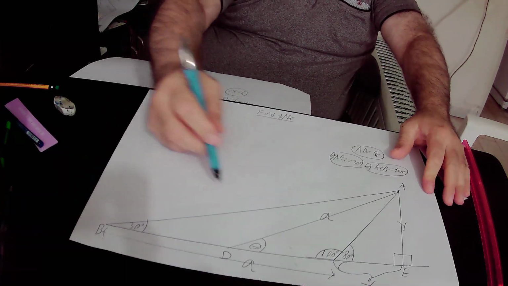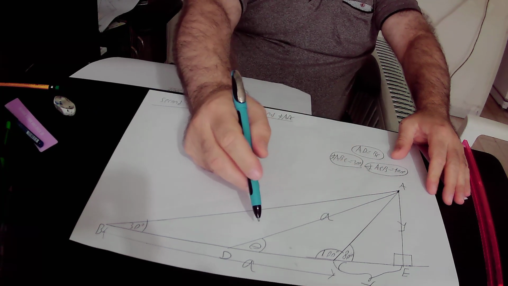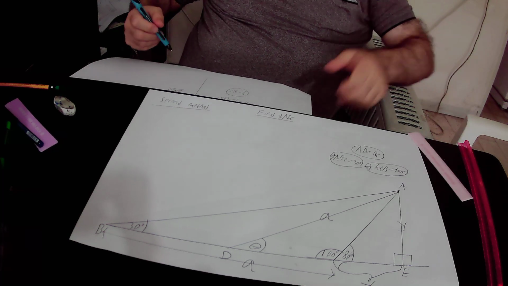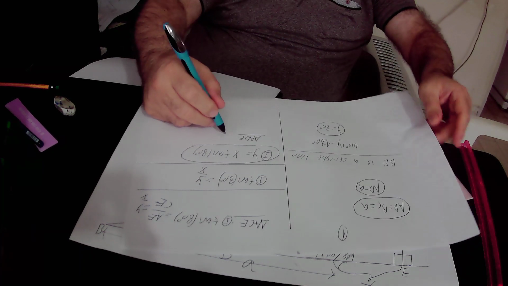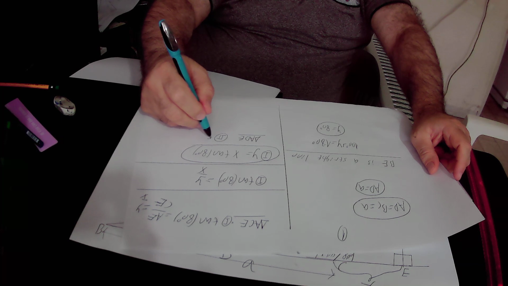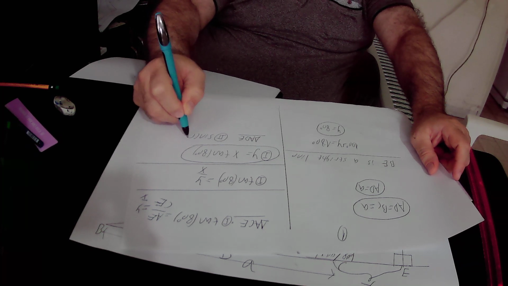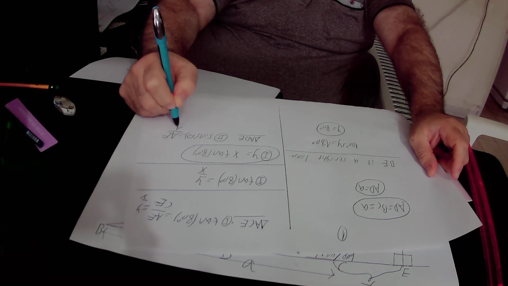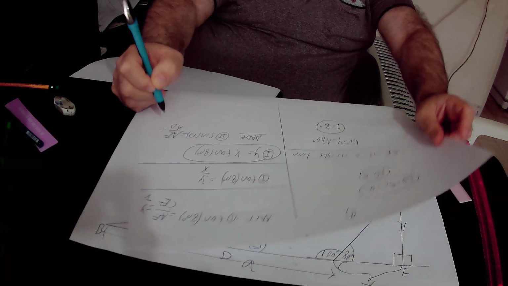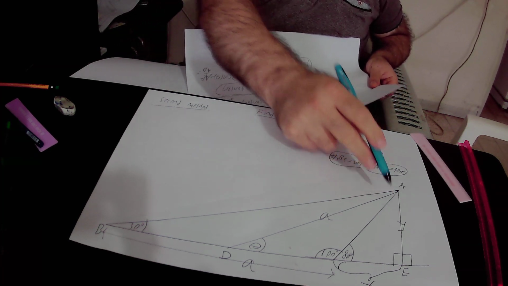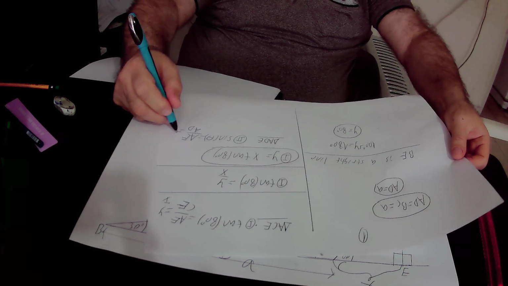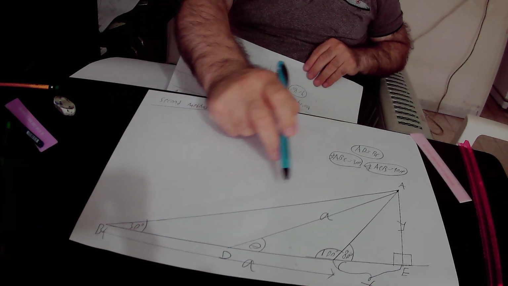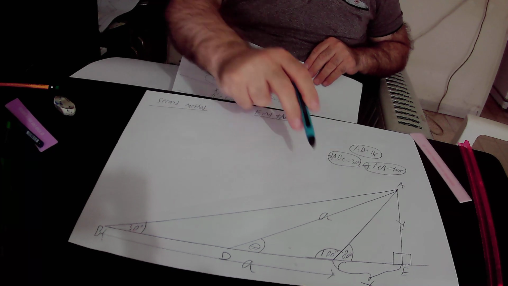Here, if we focus on the right triangle ADE, we will get that sine theta equals AE over AD. But AE equals Y according to our definition, and AD equals A according to what we have already found out.